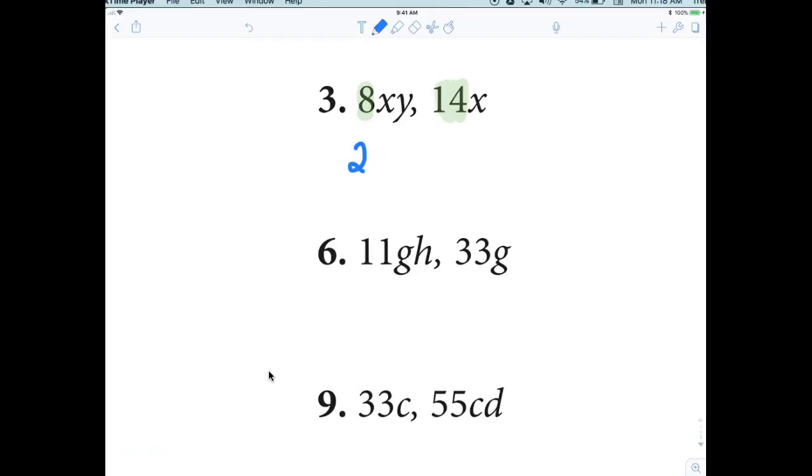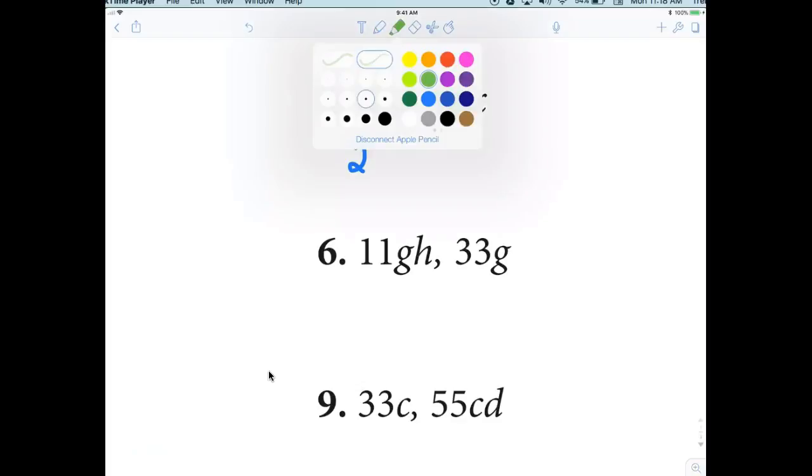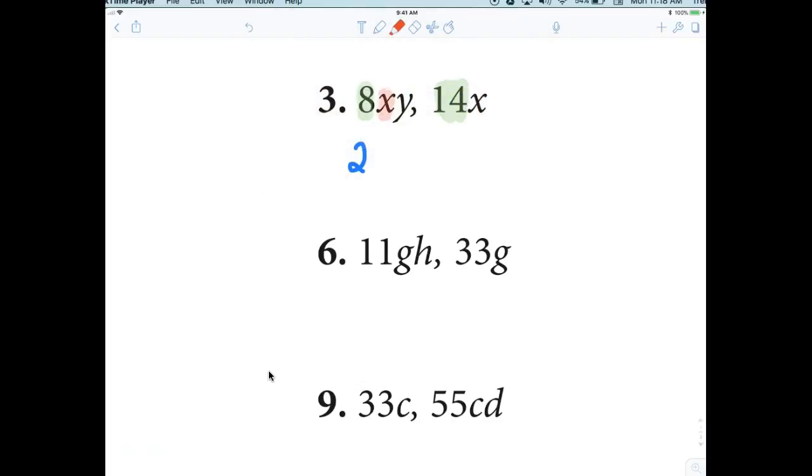So what is common? There is a common x. Notice we did not say there was a common y because there is no y over here. So the greatest common factor is in fact 2x.